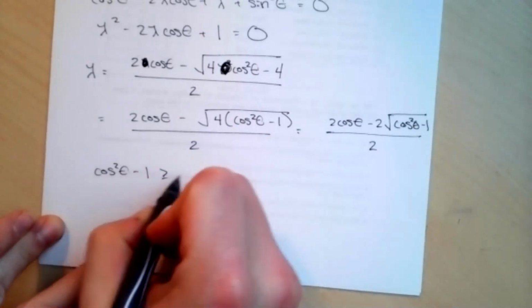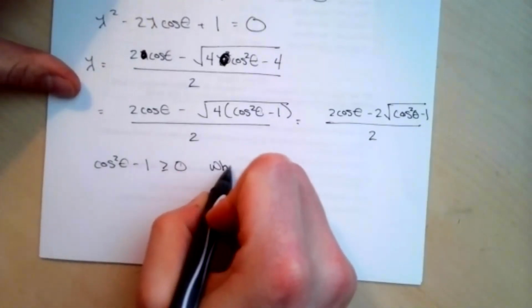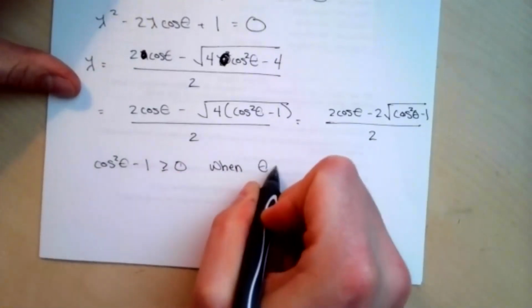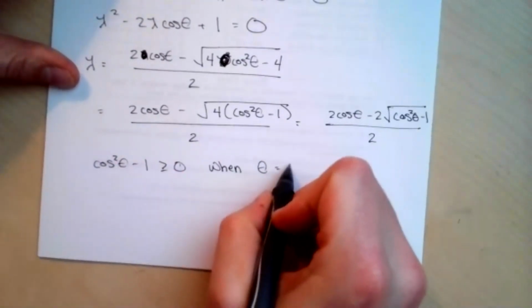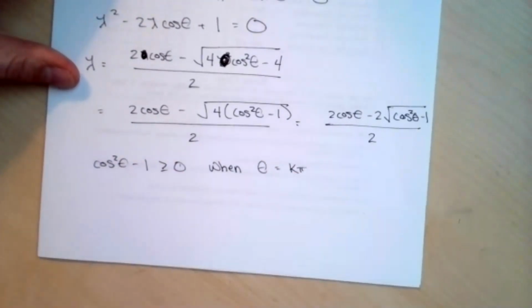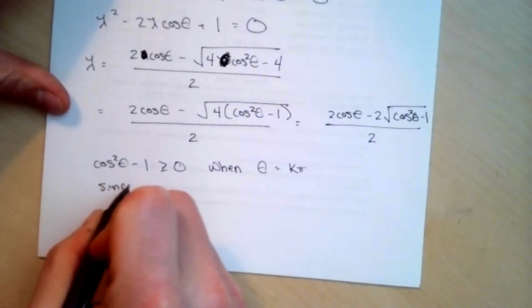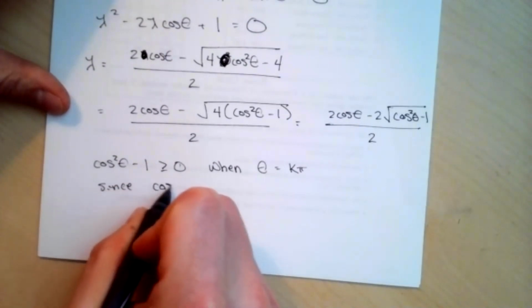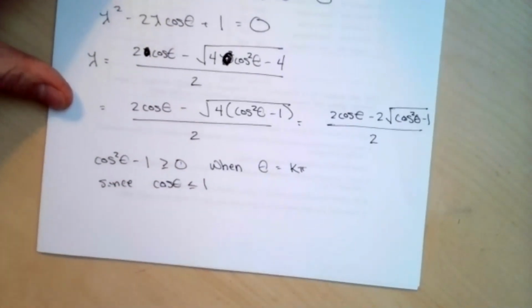It is only going to be greater than or equal to 0 when theta is integer multiples of pi. Cosine theta in general is less than or equal to 1.